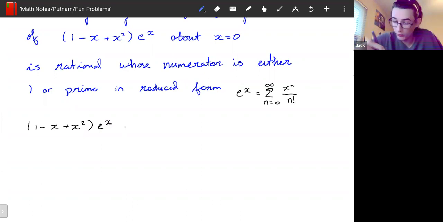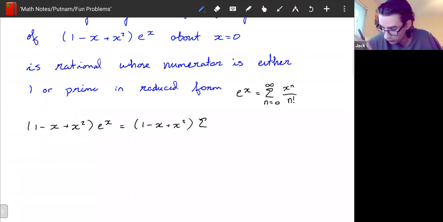So let's go ahead and use that here. We're going to have 1 minus x plus x squared times the summation from n equals 0 to infinity of x to the power of n over n factorial.